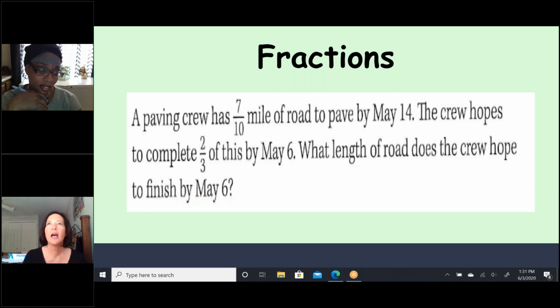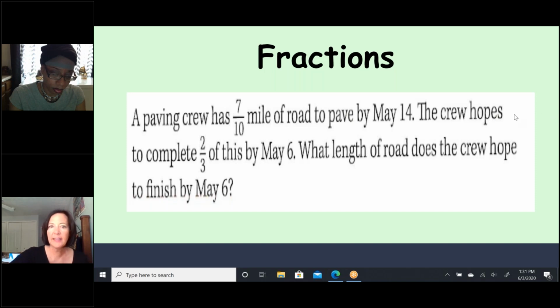Like I said, almost every week at Seeds, and when I was teaching math, I taught this little mini lesson 1,000 times over. In a word problem, if you can restate it using the word of, then you know it has to be multiplication. So this one, my brain says, paving crew has 7/10 mile of road. They want to complete 2/3 of that amount.